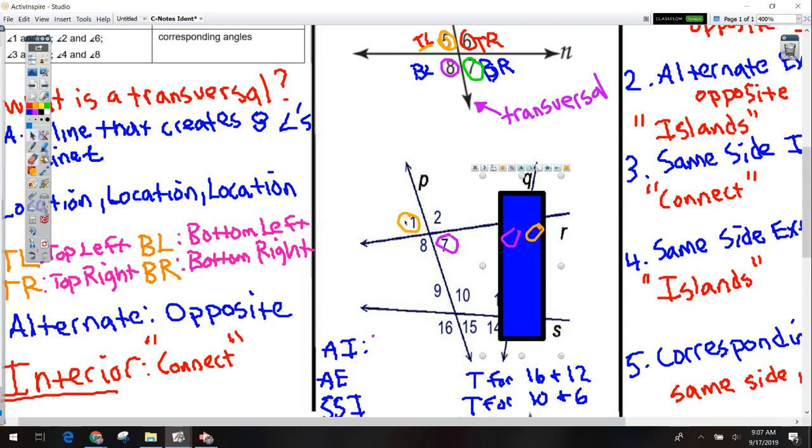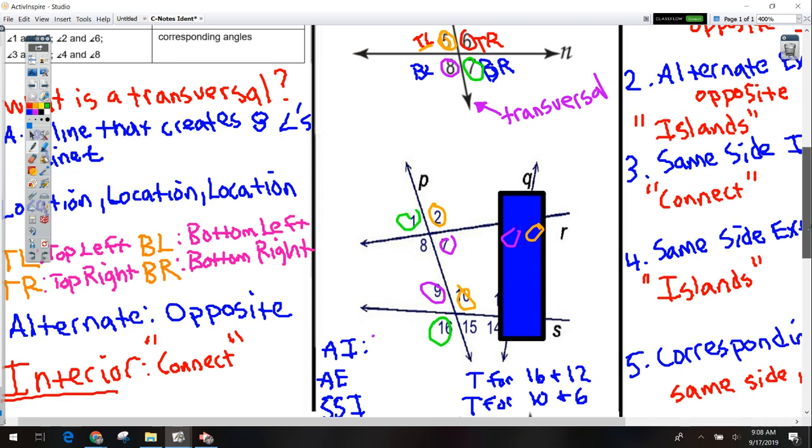So now the transversal is P. If we had angles 9 and 7, those would be alternate interior angles. If we had angles, so this is the top right, corresponds to the top right, so that would be angles 2 and 10 are corresponding. If we had angles 16 and 1, same side exterior.